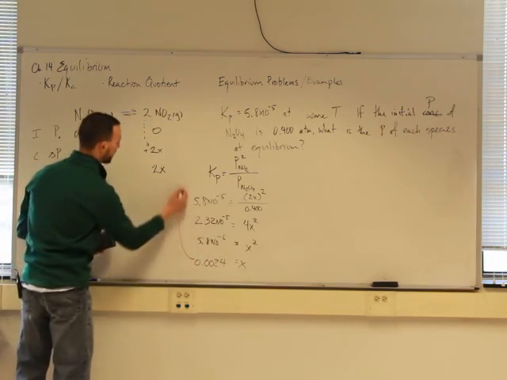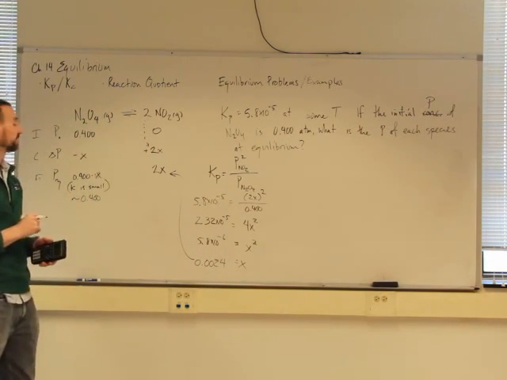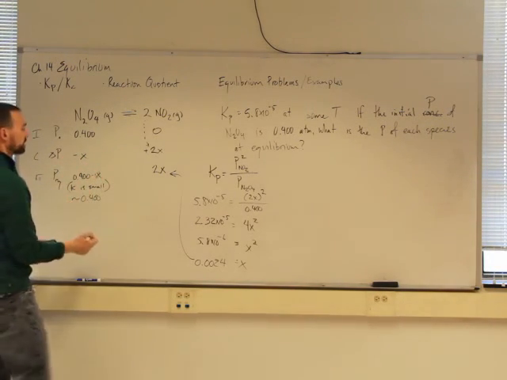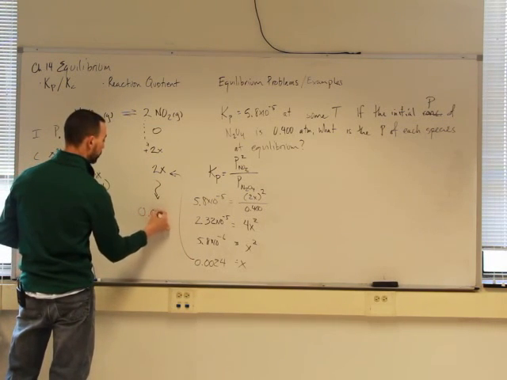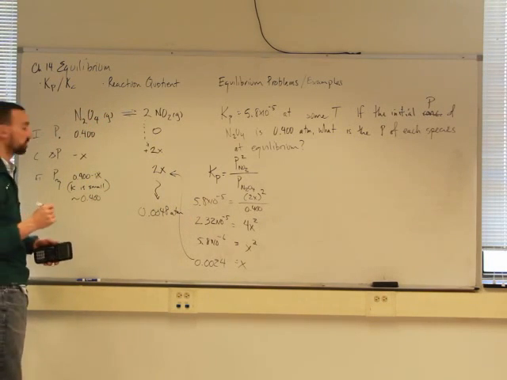Return to your table now to put your math into the context of chemistry. So what is the equilibrium pressure of each species? The NO2 will be double this value, so 0.0048 atmospheres, the units of pressure.